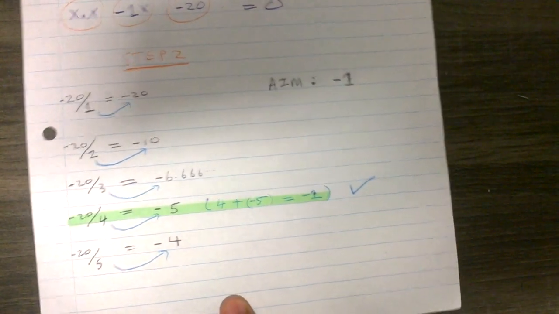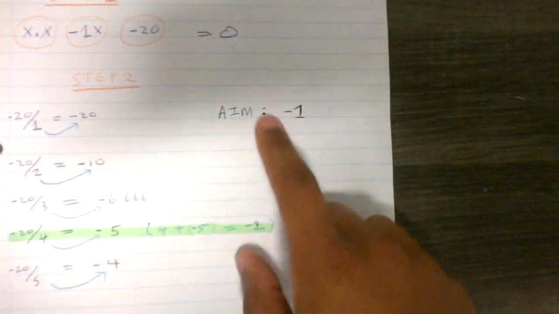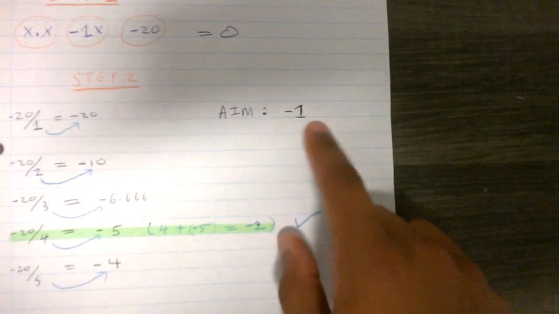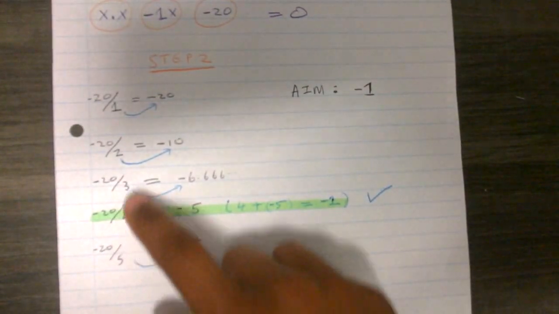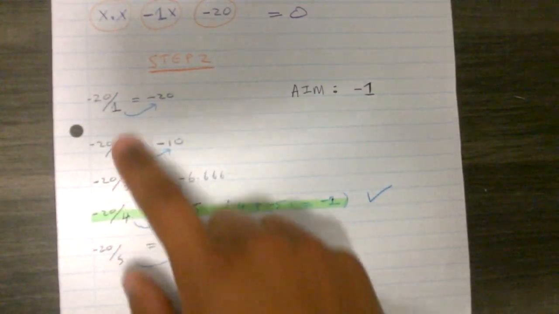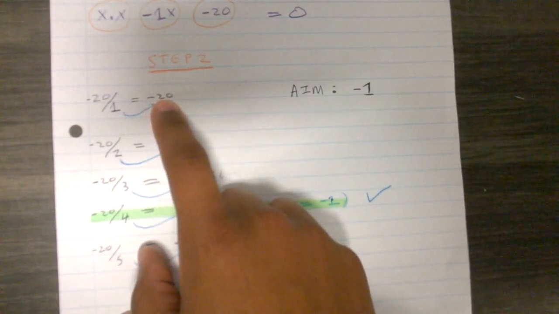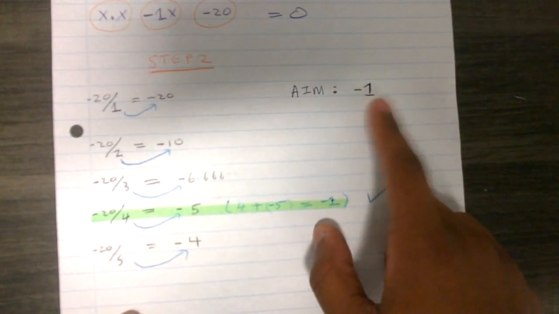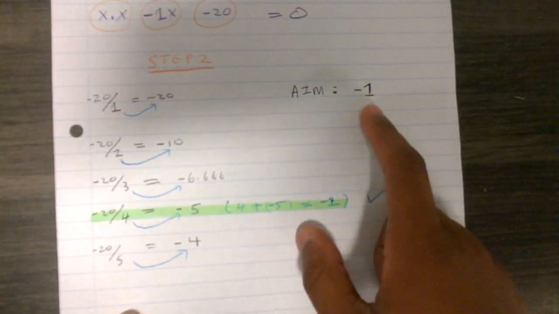And what did I say? I said the aim, this thing in the center, the aim is -1. That is your aim. So you're going to sum up the things that you divided by. Look, 1 plus -20 will not give you the aim. 2 plus -10 will not give you this.